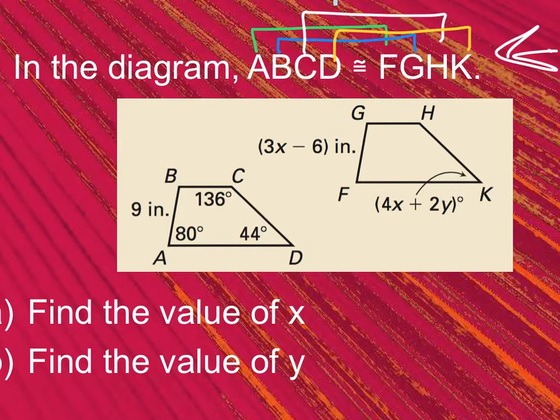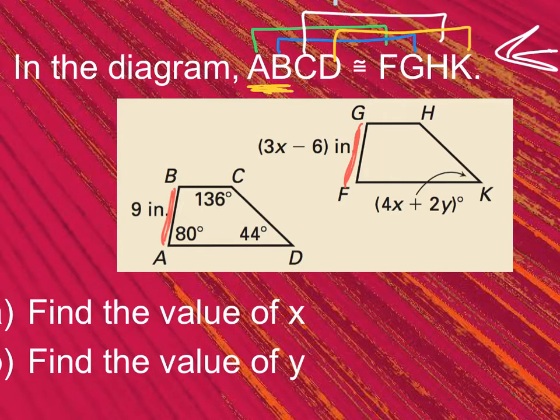Now, these pictures are nice and pretty. They're sitting the same way, so it's easy to see which sides match. So I can see that this side here, GF, matches with AB. Now, if it was flipped upside down and it wasn't facing the same way and you couldn't see what matches, this is where you use the statement.